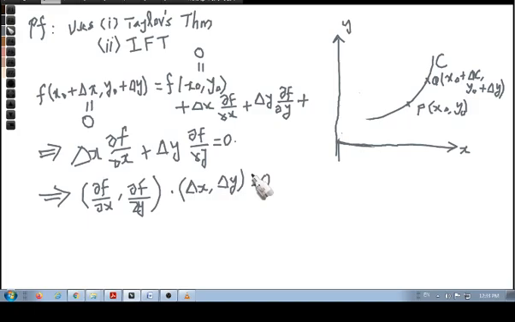So this means that the vector del f is perpendicular to the vector (delta x, delta y). What is the vector (delta x, delta y)? It is this vector. Del f is perpendicular to this vector, so del f is like this.